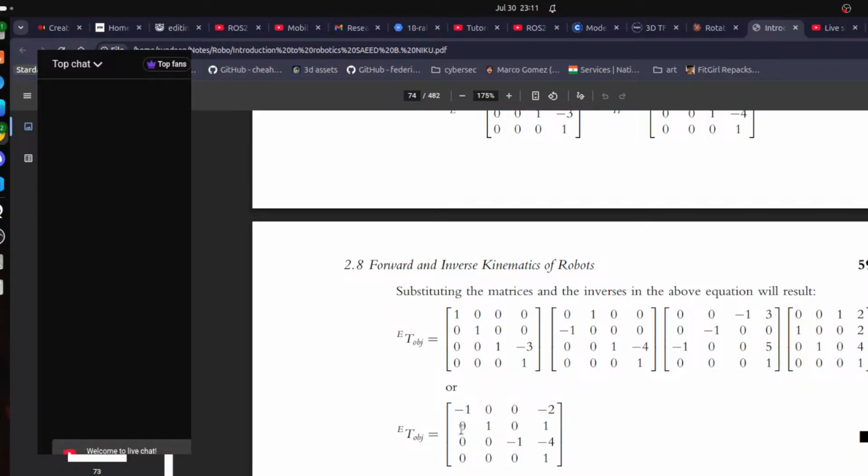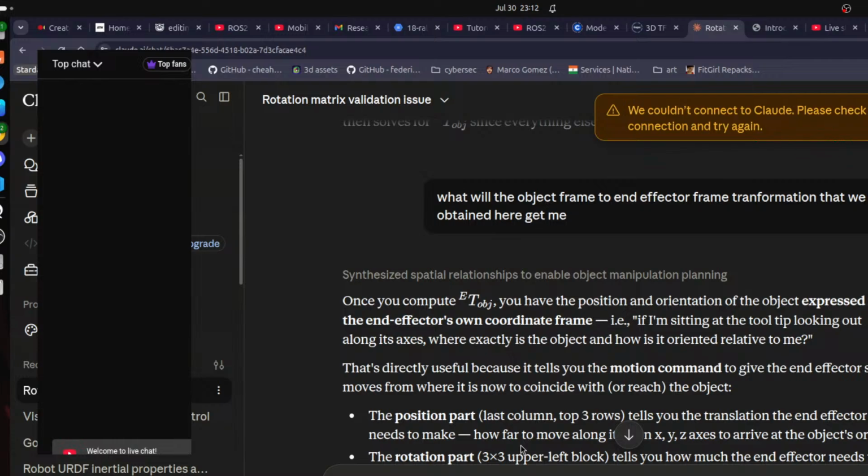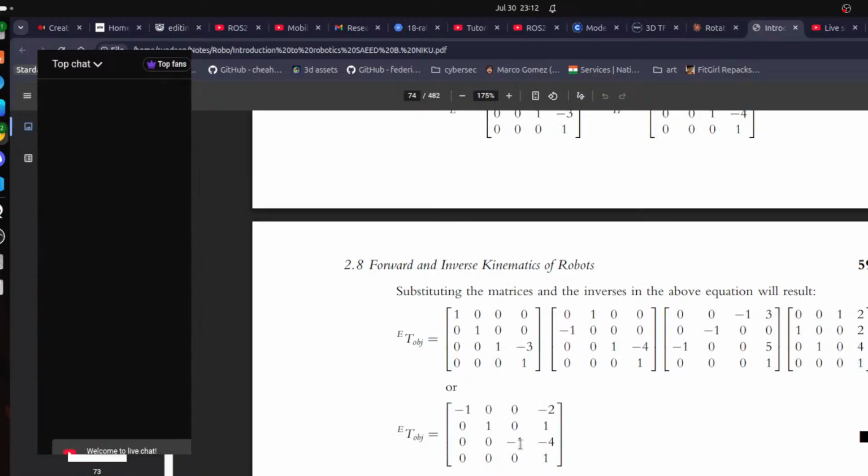What is it? Is it the end effector? No, it's the object's orientation related to the end effector, right? Yeah, the object expressed in the end effector's own coordinate frame: the object's orientation relative to the end effector and the position of the object relative to the end effector.